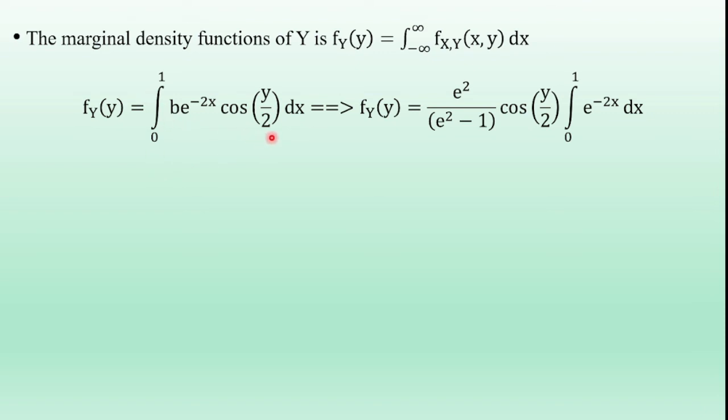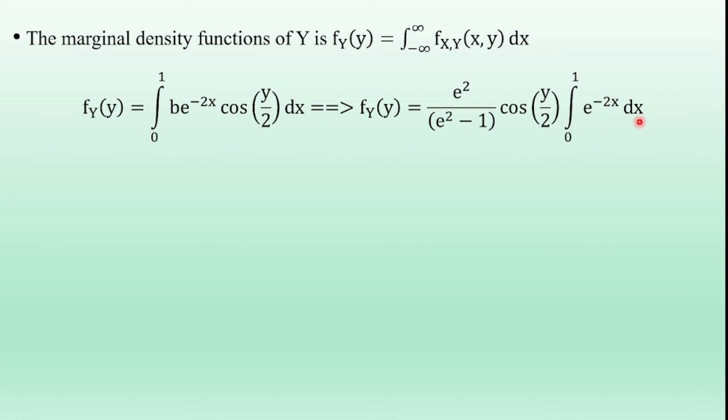Now here, integrating with respect to x, b cos y by 2 is constant, that is written before integration. The b value is already calculated, substitute that b value here. Fy of y is equal to e square by e square minus 1 into cos of y by 2, integral 0 to 1 e power minus 2x dx.